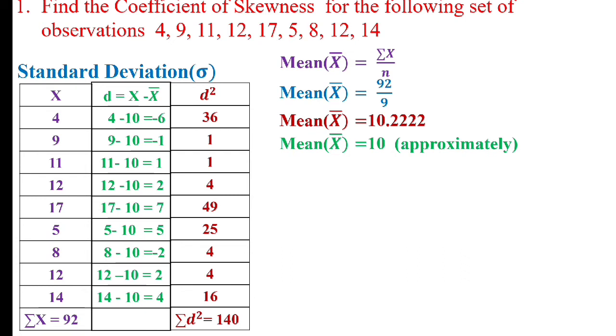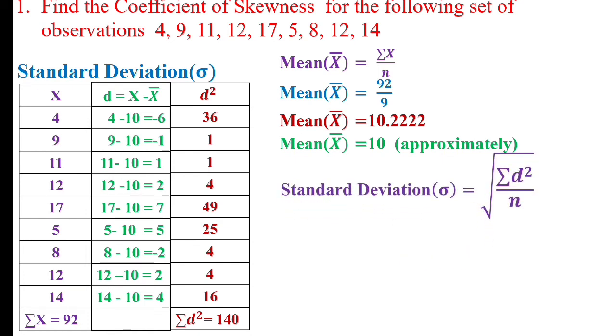Sum of all the d square column: 36 plus 1 plus 1 plus 4 plus 49 plus 25 plus 4 plus 4 plus 16 equals 140. Summation d square equals 140. Now we are going to find the standard deviation.